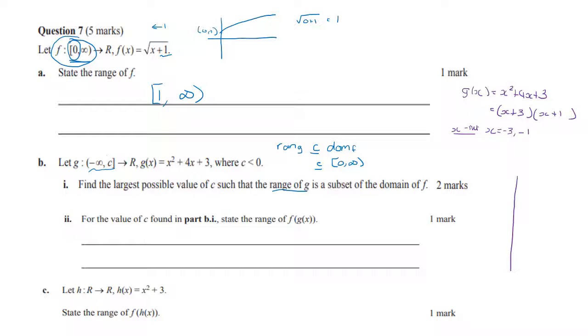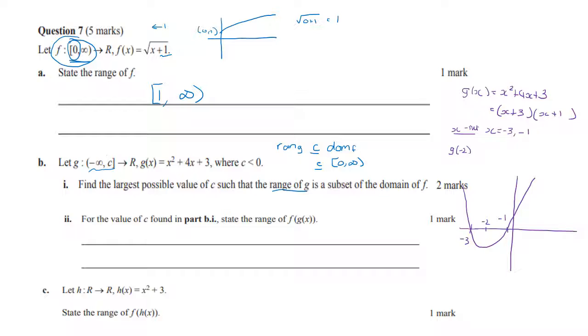So if I'm doing a quick sketch of this, when x is negative 3 and negative 1, I'm going to be getting a parabola looking like this. Now the turning point is going to be halfway between them, so it's happening at negative 2.